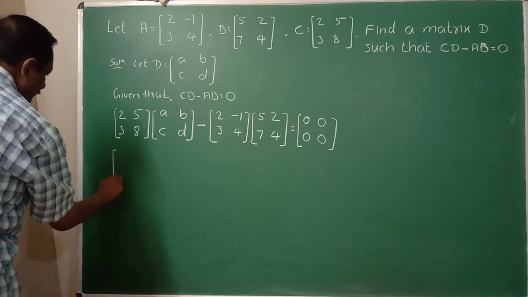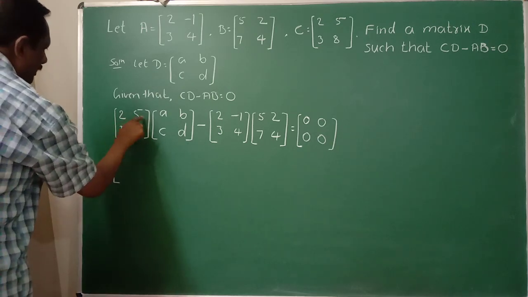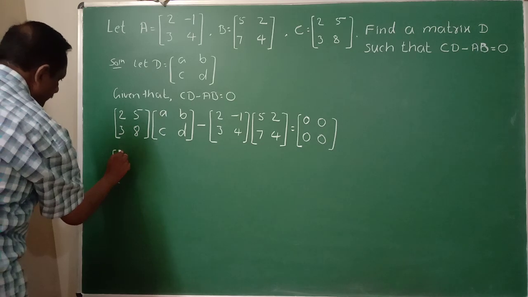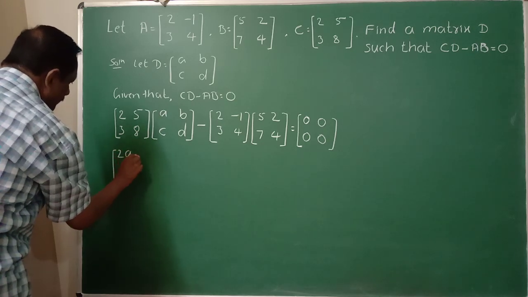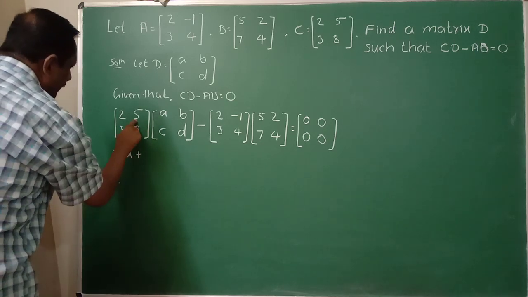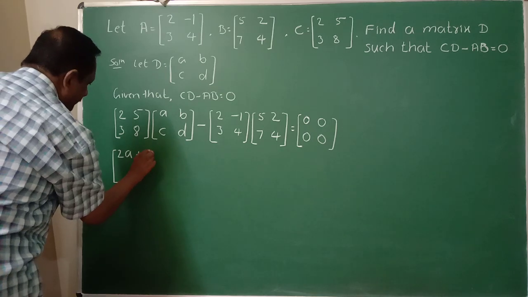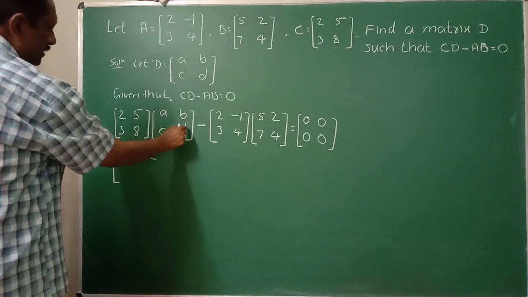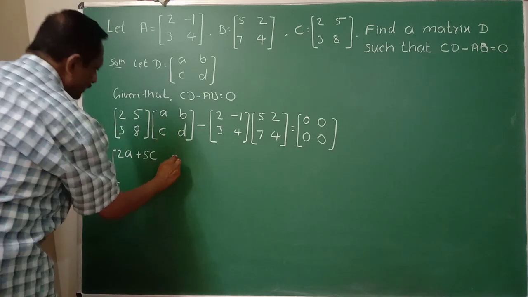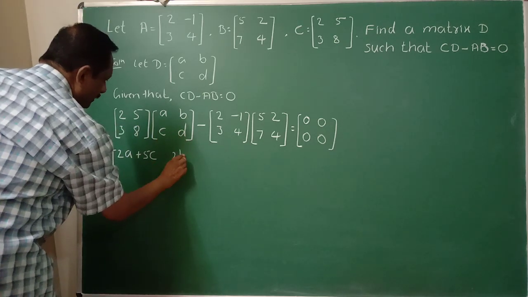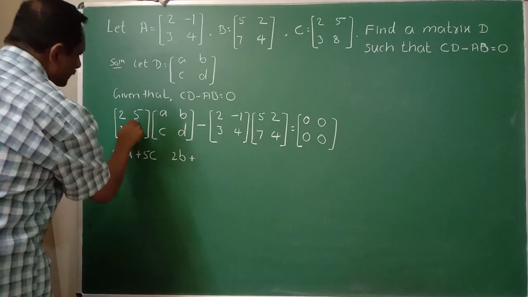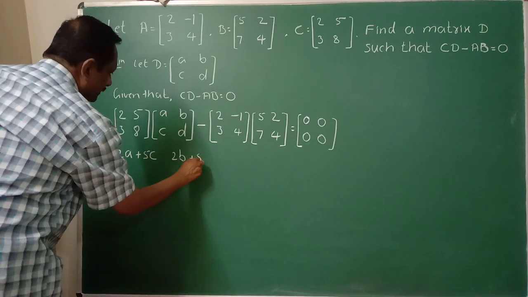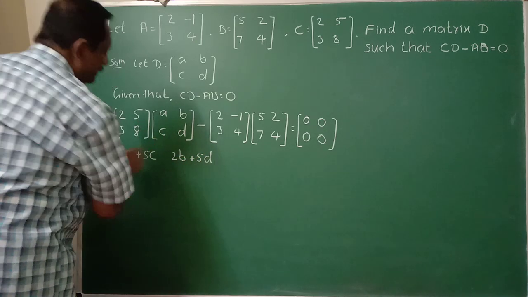Therefore, 2 into a becomes 2a, then plus 5 into c becomes 5c. Multiply row with this column: 2 into b becomes 2b, then plus 5 into d becomes 5d.